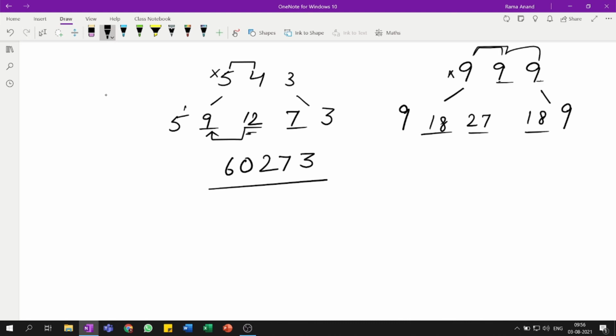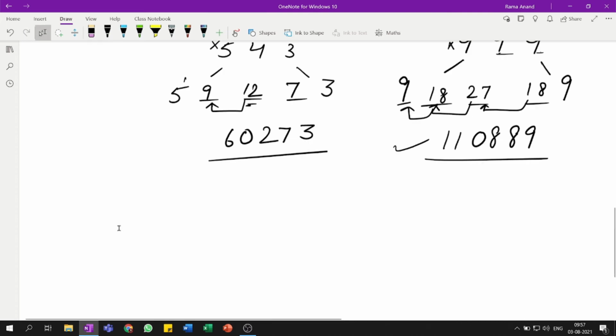So now the sum, 8 out of 18 I will write here and 1 move forward. 27 plus 1, 28. 8 I am writing here and 2 I am moving forward. 18 plus 2, 20. So 0 will be here and move 2 forward. 9 plus 2 is 11. You can check with the calculator. This is my answer. I hope it's making sense and you are understanding how we can do this multiplication.